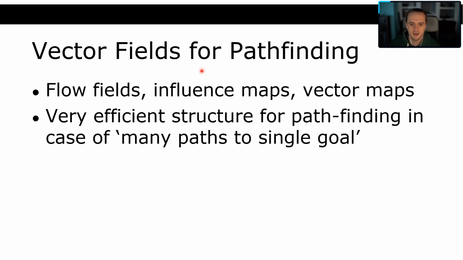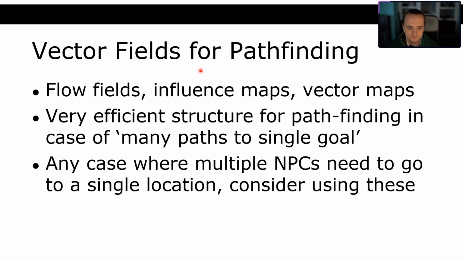Let's say we have 100 different NPCs on the map, and we want them all to slowly move toward the player. Well, we don't want to have to run our pathfinding algorithm 100 different times, right? It would be really nice if we could have a single data structure that would show us the shortest path from any point on the map to a single point on the map. So that's what we're going to use these vector fields for.